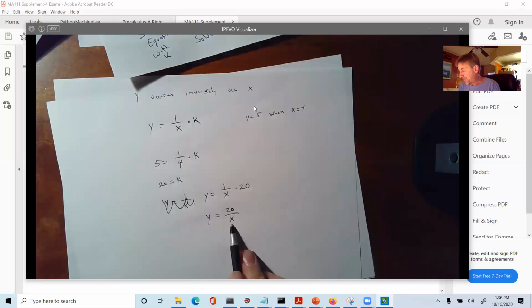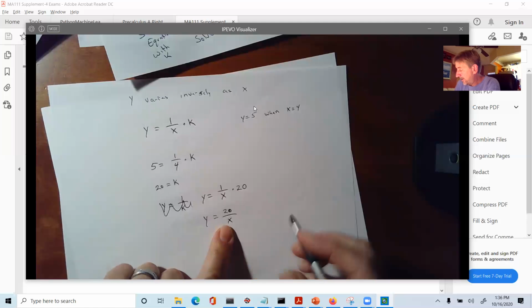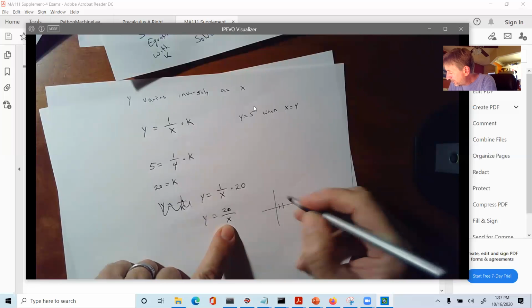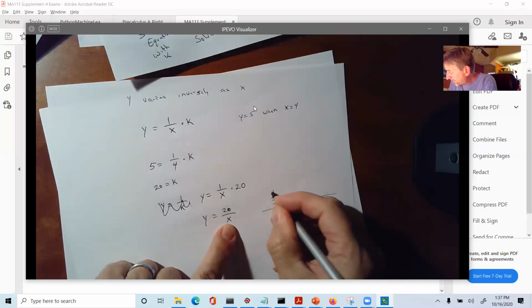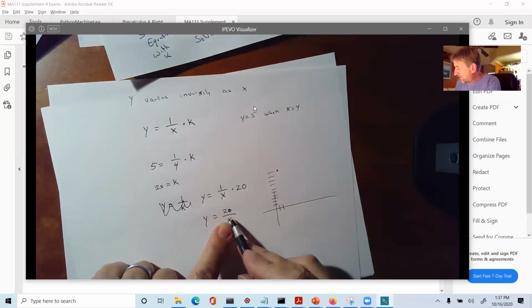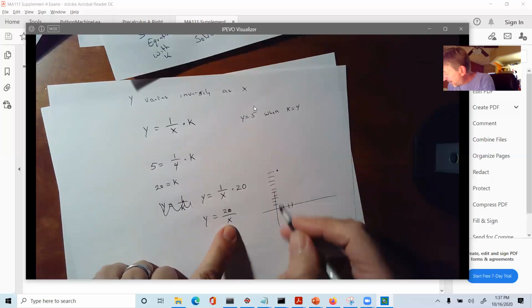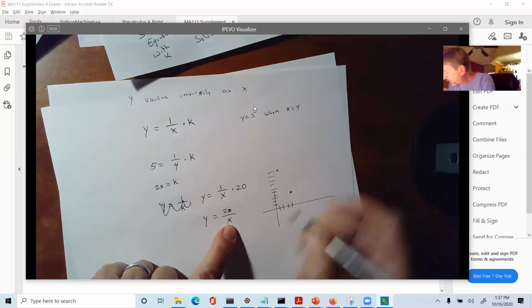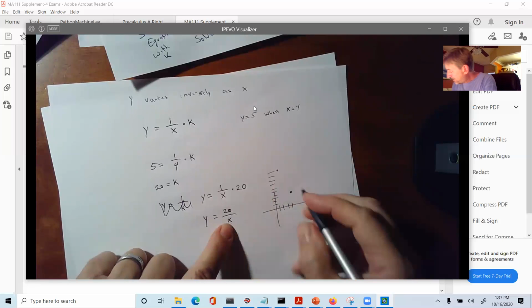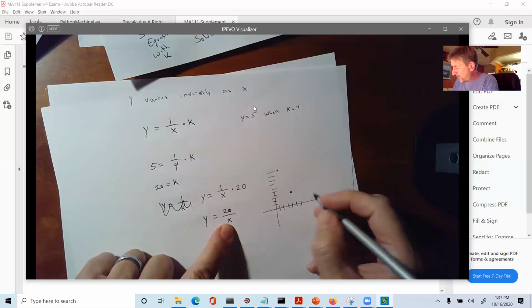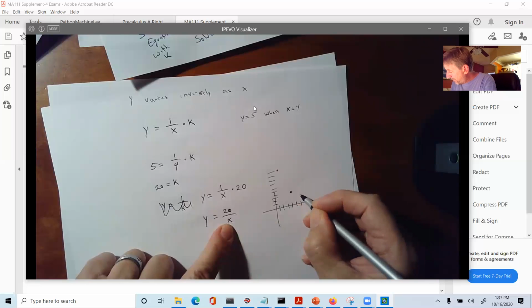If x is small, like 2, y is 10. So now you could plot it a little bit. If x is 2, then y is 10, so it's way up here. If x is 4, 20 divided by 4 is 5. If x is 6, 20 divided by 6 is about 3 point something. It's coming down even further.